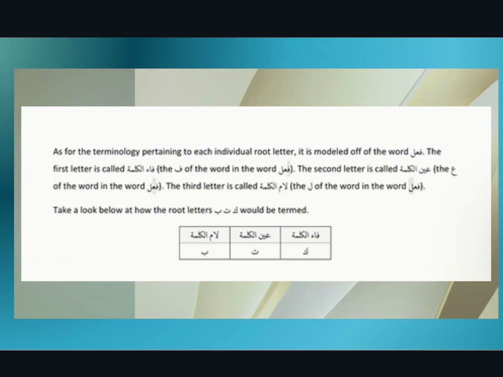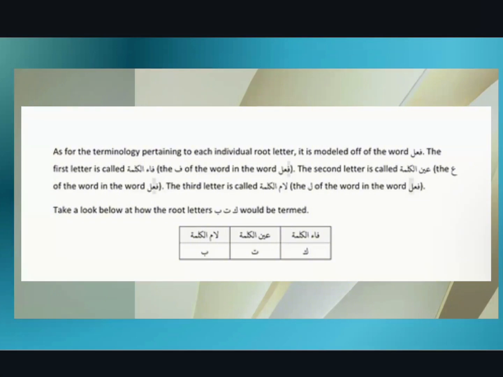So how many terms have we come across so far? We came across morphology, we came across mushtaq and jamid, we came across root letters. Most of the Arabic words contain 3 root letters. Then we came across contents and container.